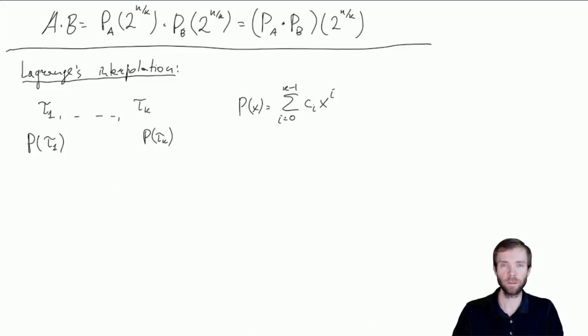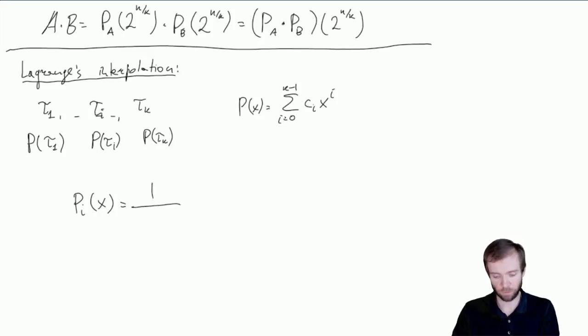So we'll create a polynomial which is responsible for just one pair, like this. Let's take any tau i and the corresponding value that we know, p of tau i, and construct a polynomial which we'll call p_i of x of this form.